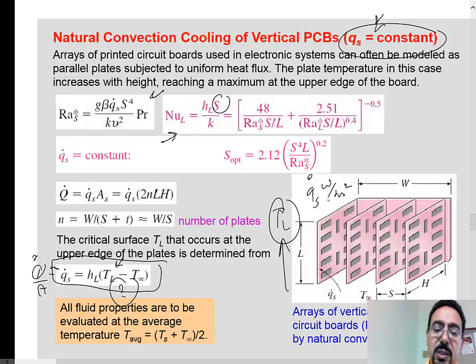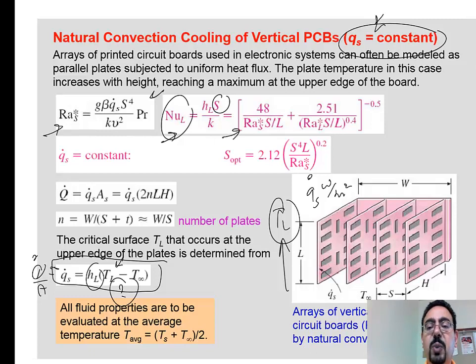Right? And so to get this, you will get it from this HL, and this HL is coming from that Nusselt number. And that Nusselt number, as in any natural convection problem, is a function of the Rayleigh number, which is here. Right? And why is it with the star? Well, it's because this is constant Q, it's not constant TS.